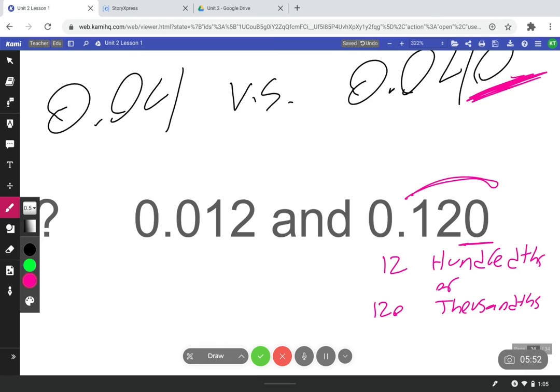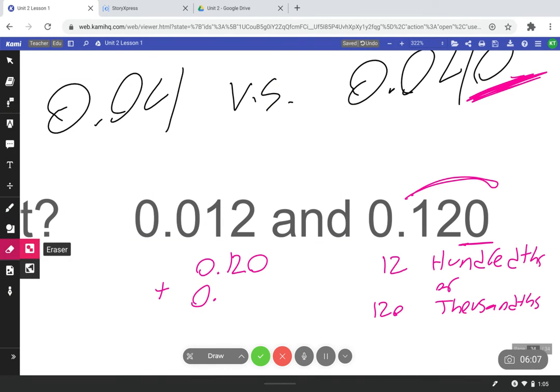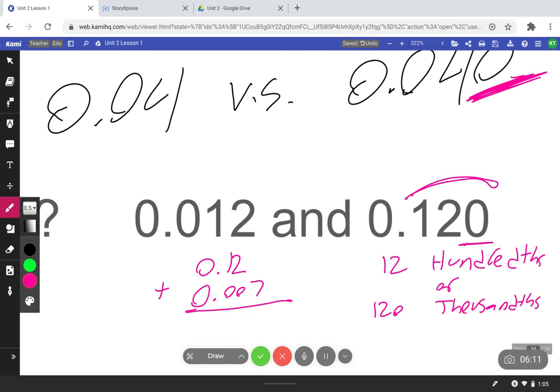And there's probably a reason why we would want to do that. If we're subtracting or adding, let's do adding now. So if I was adding 12 hundredths to 7 thousandths, I would want to put that 0 there so I could add easily. That's why we reveal the 0, so we can use it.